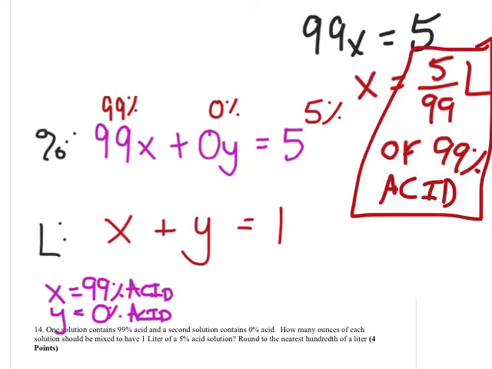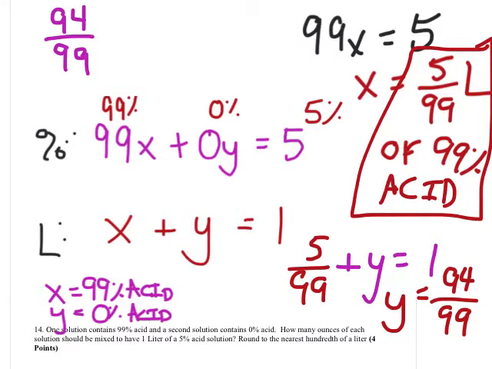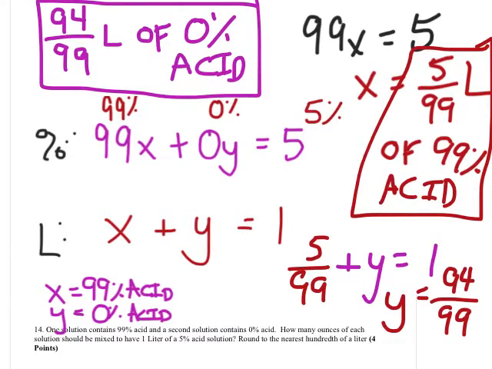So we have x, but we know now x is 5/99, plus y equals 1. So to figure out y, we just take 1 minus 5/99 and we'd get 94/99. I'll write my answer up here. So we have 94/99 liters of 0% acid solution. That's my second answer there.